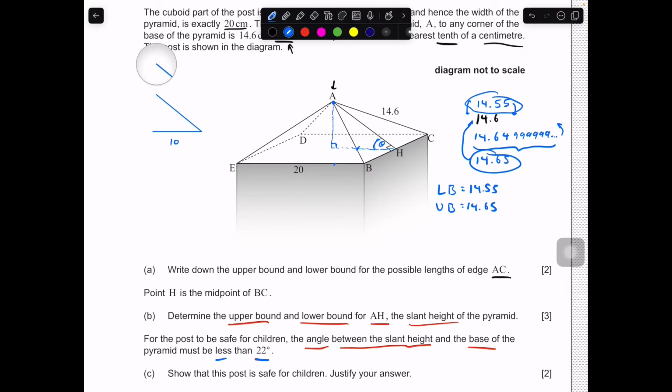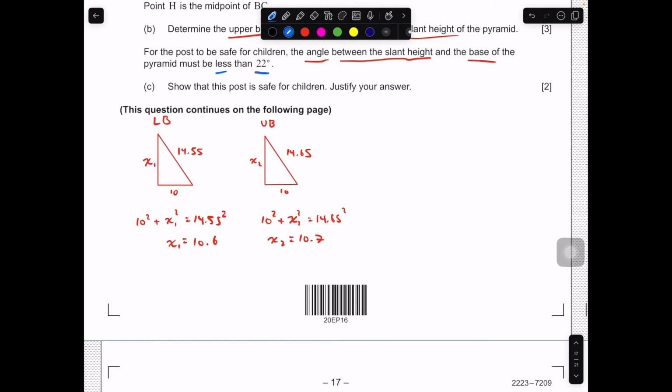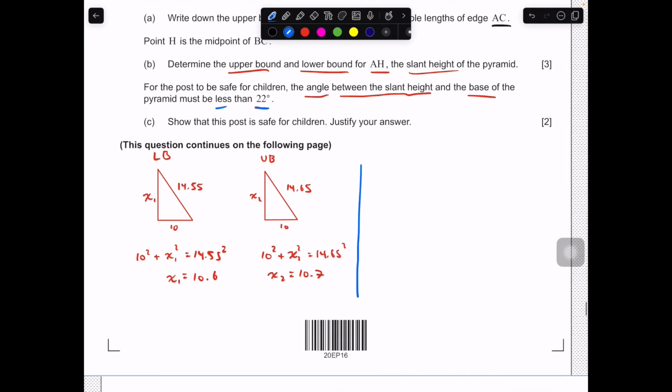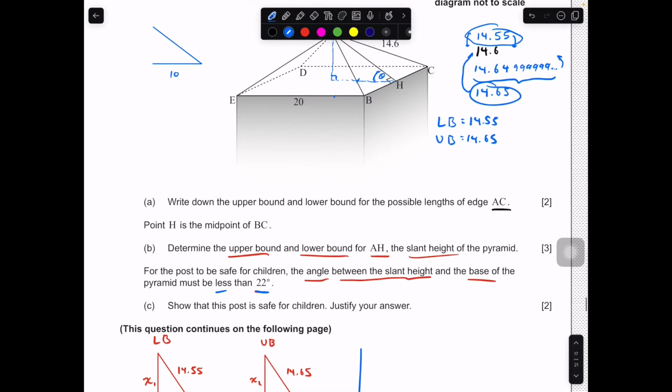So if we take the upper bound, it will be potentially greater than 22. If we take the lower bound, potentially it could be less than 22, but the upper bound might be more. So let's test the upper bound and see. Actually, let's do this up here.